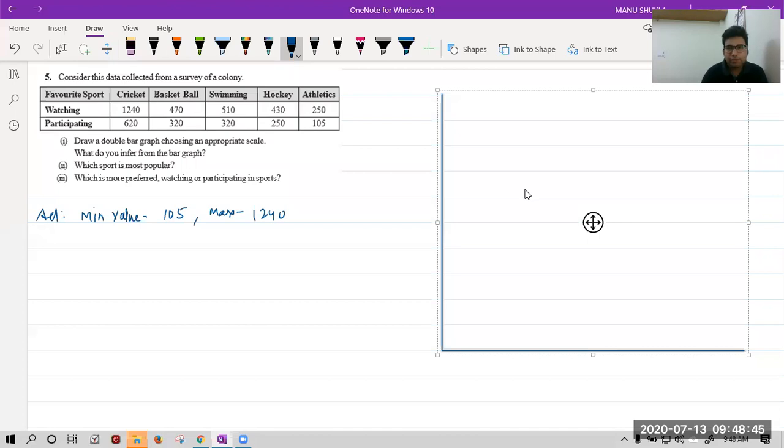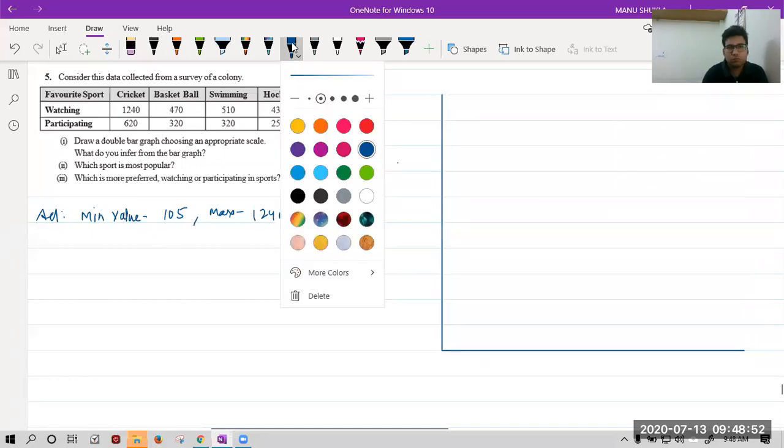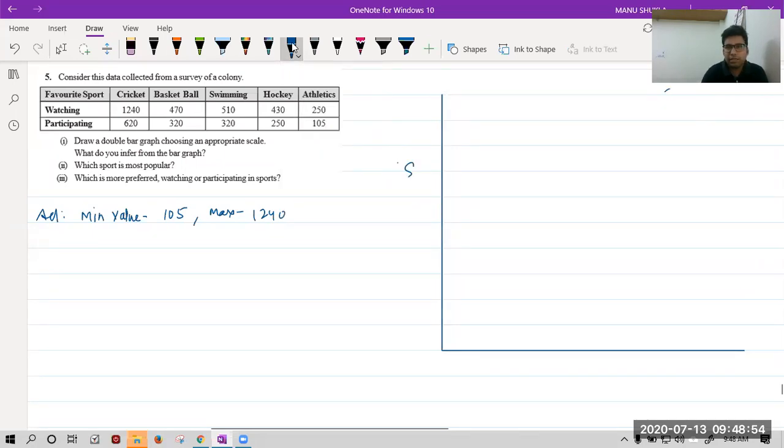Now the scale. The scale will be 1 unit equal to 100 people. Now we are starting with 100, so no need of kink.